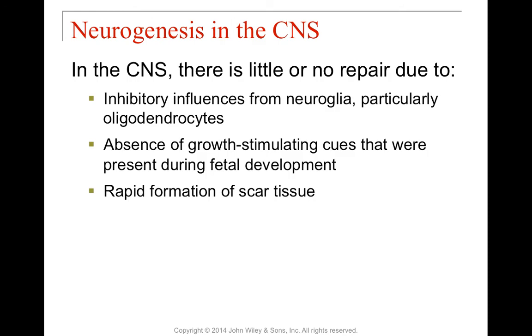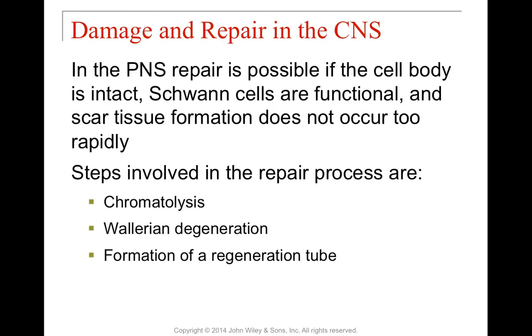So it's one of those things that kind of has to be created while it's being created, and it really truly can't be fixed after it's already created. Another reason for that is because it induces rapid fibrosis, or formation of scar tissue after injury, and so that means that there's not a lot of space left for neuronal repair.